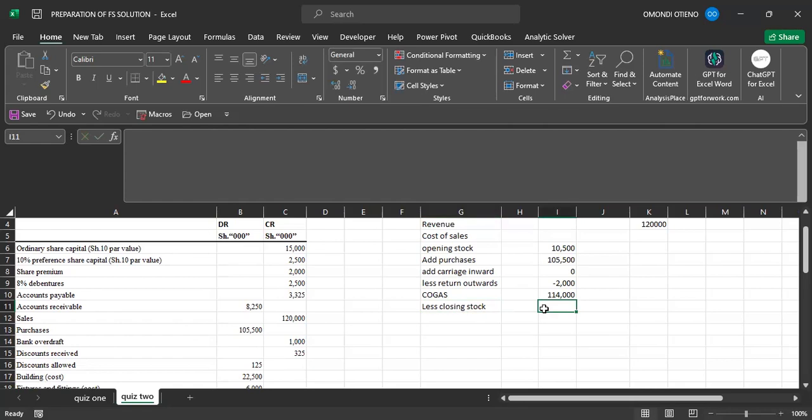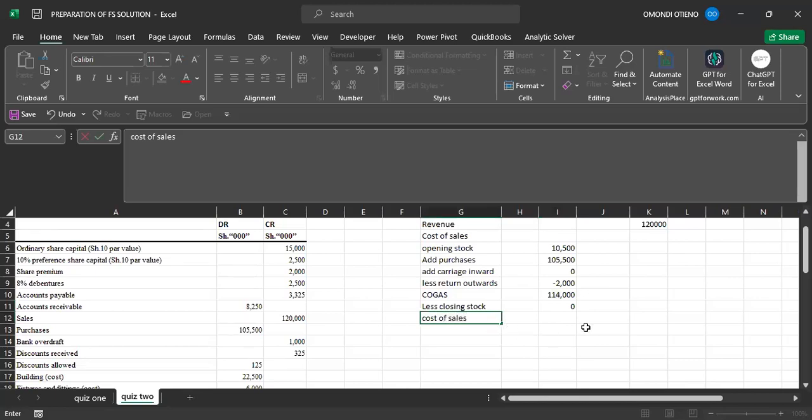So you can put 0 because we don't know that figure. We can put 0.